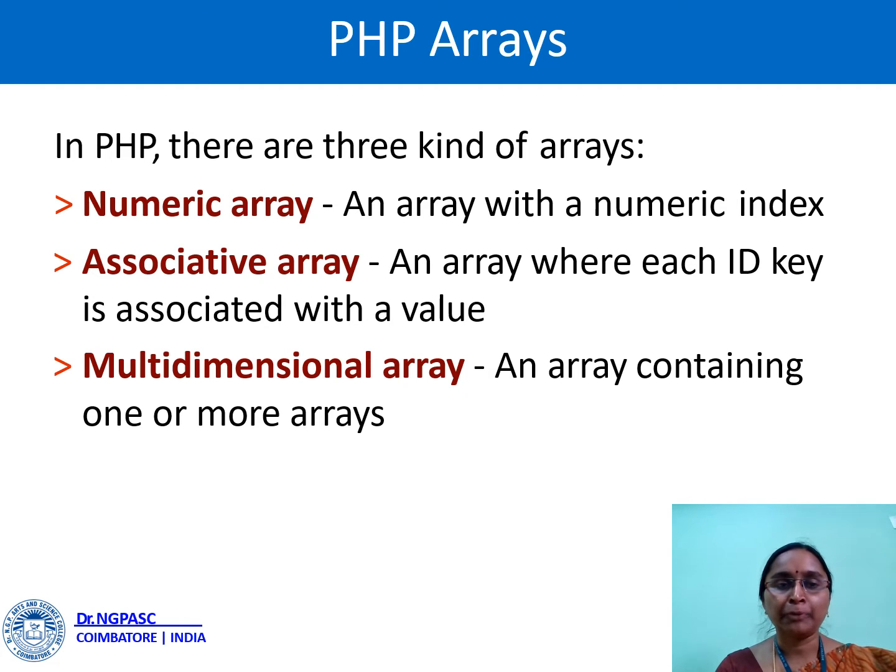In the associative array, each ID is associated with a value. In the multidimensional array, an array contains more than one array in different dimensions. So in PHP we have three kinds of arrays.